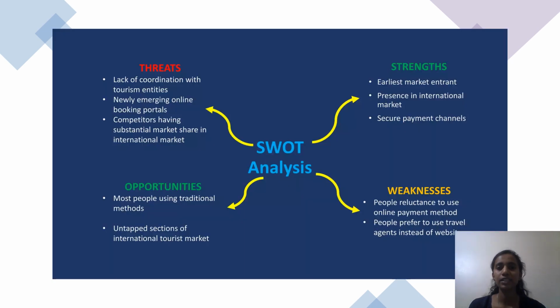Then coming to the SWOT analysis, there are four types. S means strengths, W means weaknesses, O means opportunities, and T means threats. Coming to the strengths, the earliest market entrant, presence in the international market and secure payment channels come under the strengths of MakeMyTrip or any other travel company.